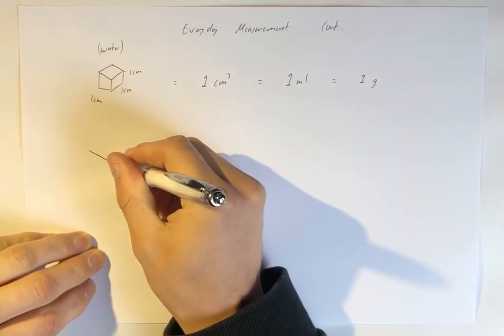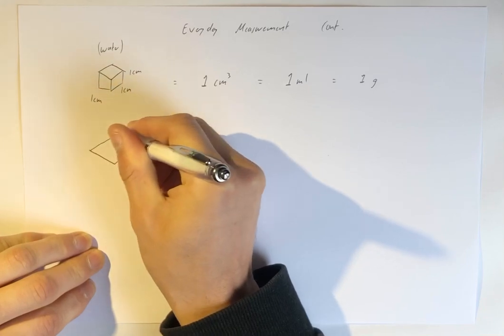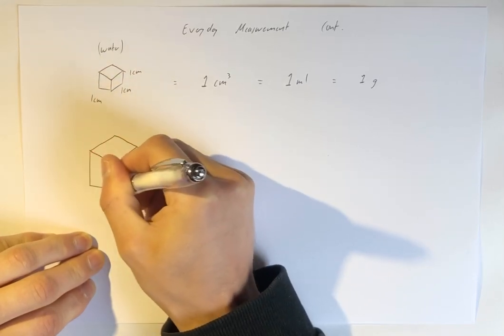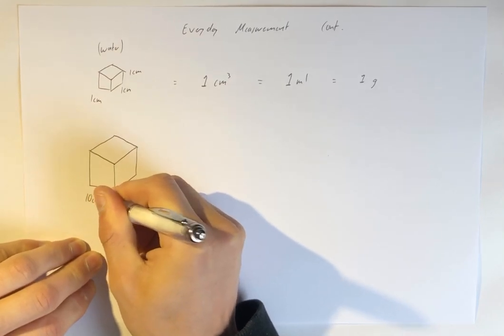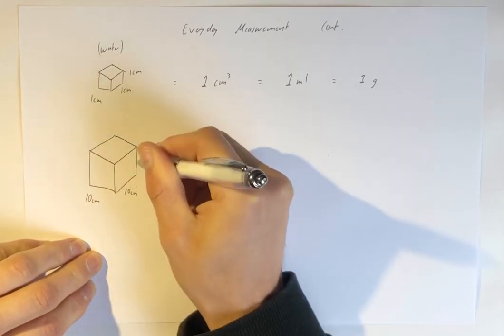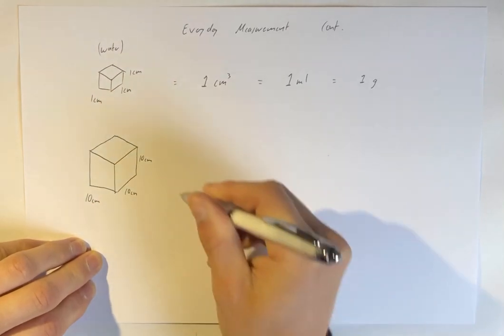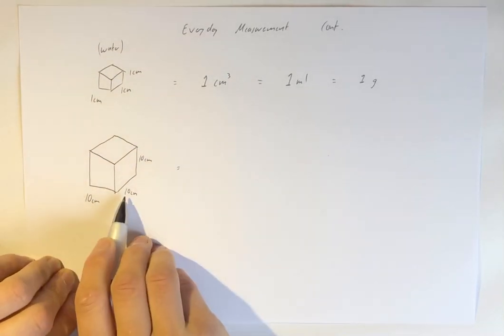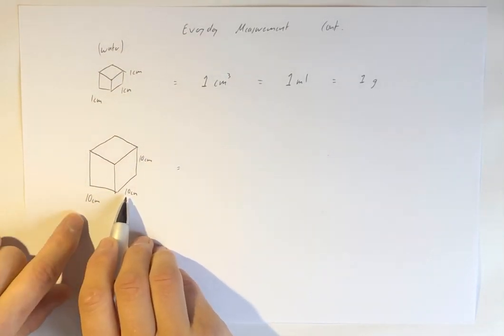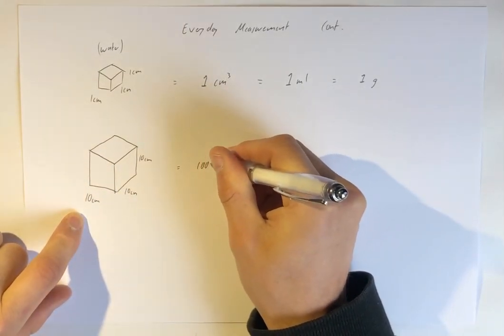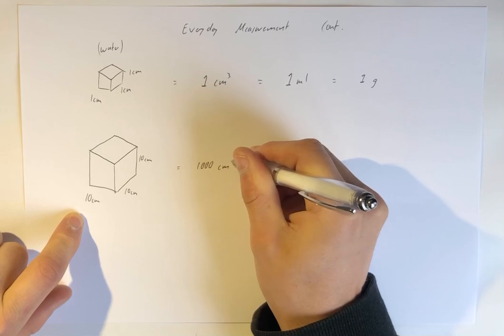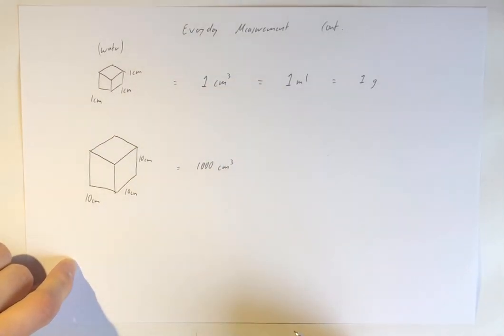So let's say it's 10 centimeters by 10 centimeters by 10 centimeters. Well, now we've got 10 by 10, which is 100, times 10, which is 1,000. So we have 1,000 centimeters cubed.